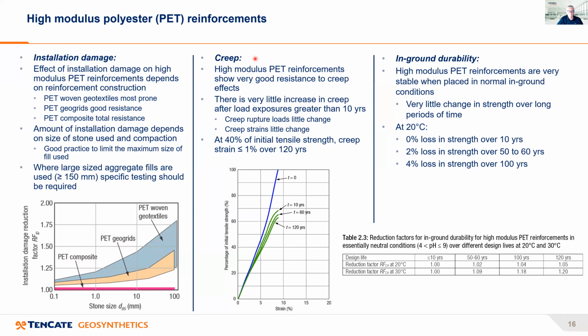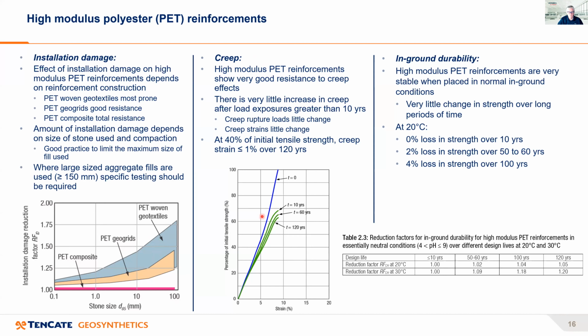The second type of behavior is creep. This is where tensile load is applied to the reinforcement over time. For high modulus polyester reinforcement, there's very good resistance to creep effects.